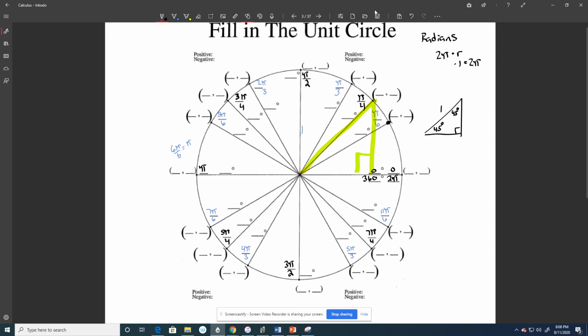What I'm looking for, here's my x value and here's my y value right here. Those are what I'm interested in. So if I look at the Pythagorean theorem, I know that x squared plus y squared is equal to 1 squared, which happens to just be 1.